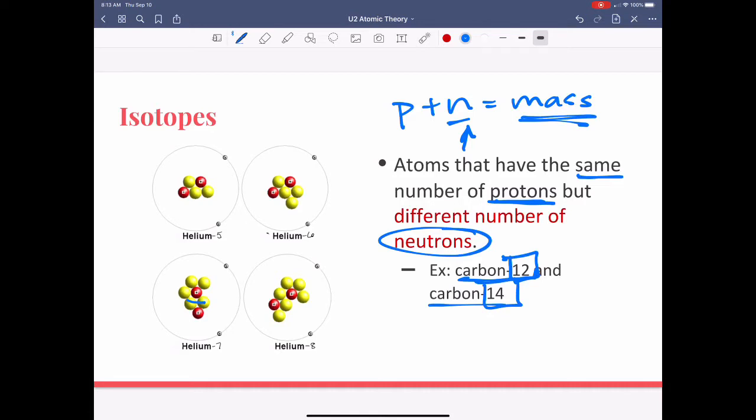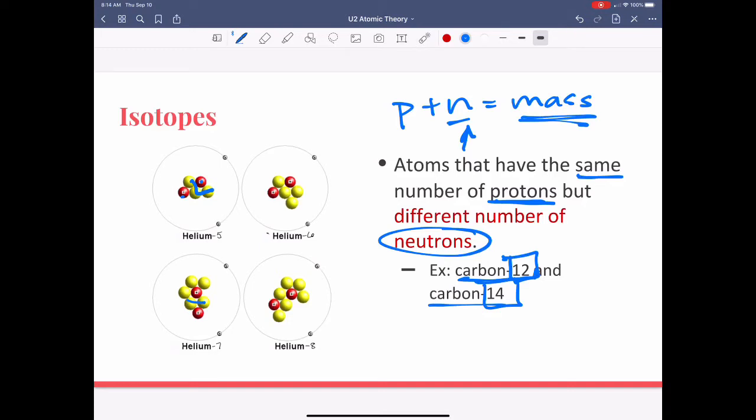All right, if we look over here to the left as well, we've got some examples with helium. Looking at helium-5 to start out with, I've got 2 protons. As usual, if you look at your helium on your periodic table, you should see that it has 2 protons. And then I have 3 neutrons that add together to give us our mass. So helium-5, 2 plus 3 is 5.